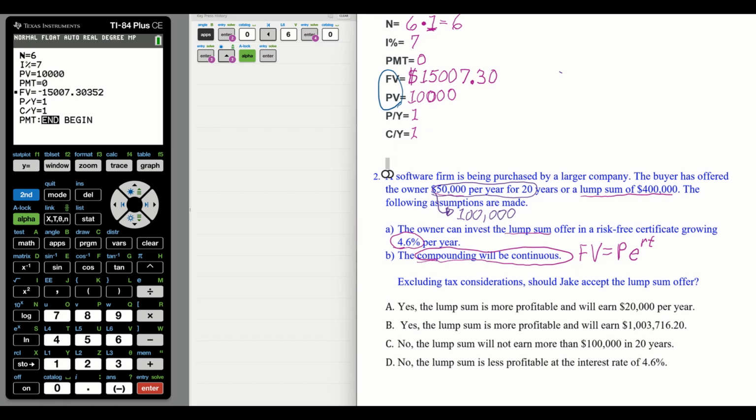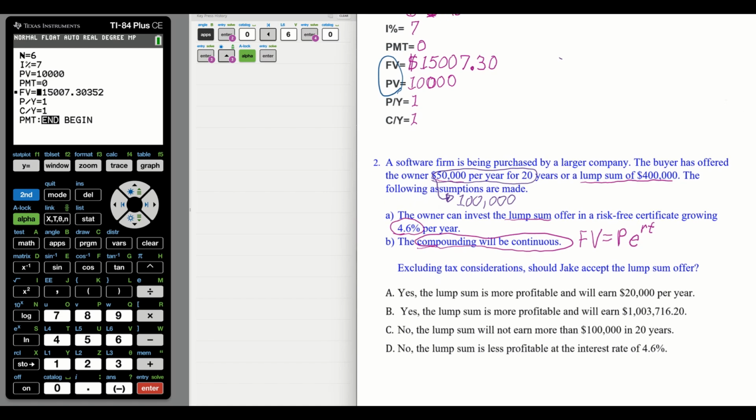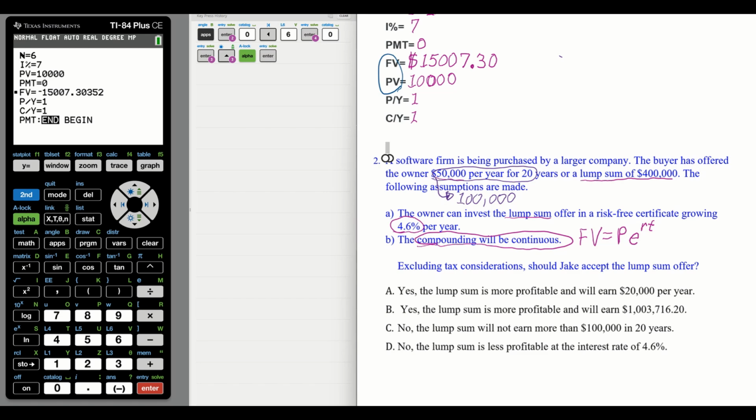All right. So what we need to do is put this in this TI-84 calculator and see what options we have. How can we select the options they've given us? Okay, so our principal, which would be our very first payment, right?